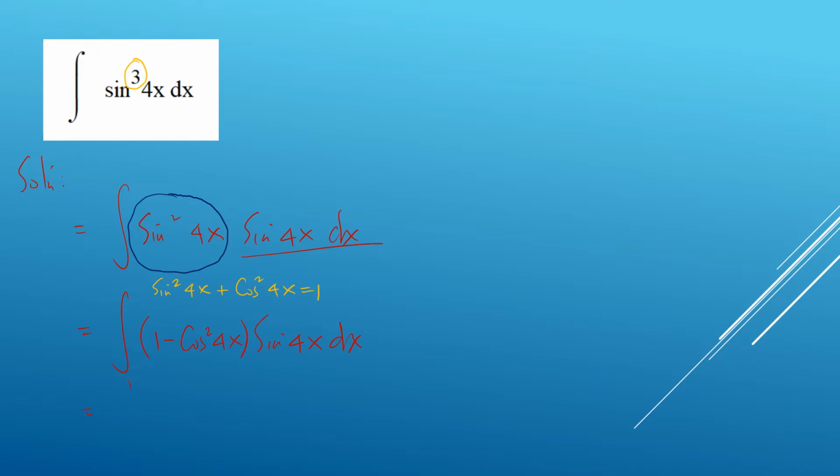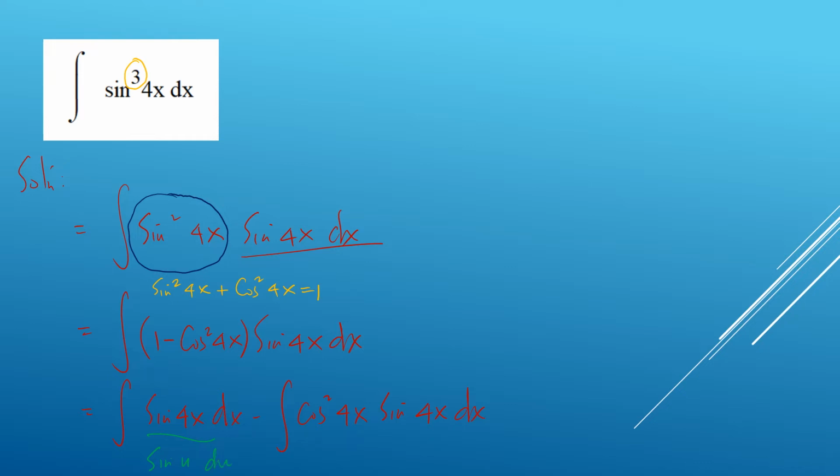We then split this into two integrals: the integral of sine 4x dx minus the integral of cosine squared 4x sine of 4x dx. For the first integral, it takes the form sine u du.